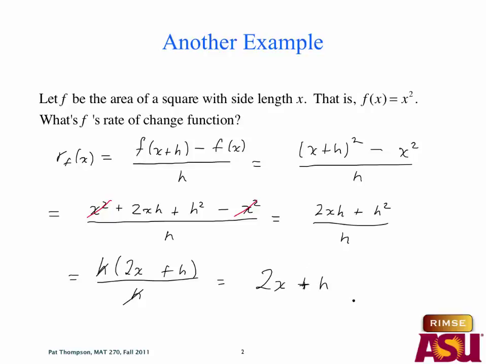This is the rate of change of the area of a square with side length x, if your interval width is h. So how can we get exact rate of change? If h is essentially 0, then our rate of change is 2x.